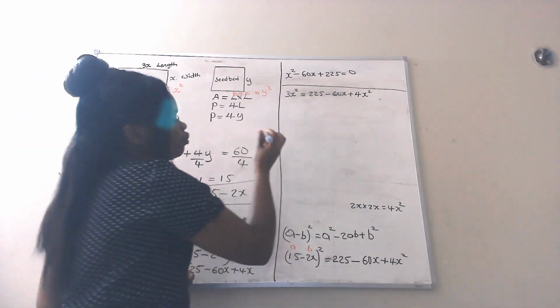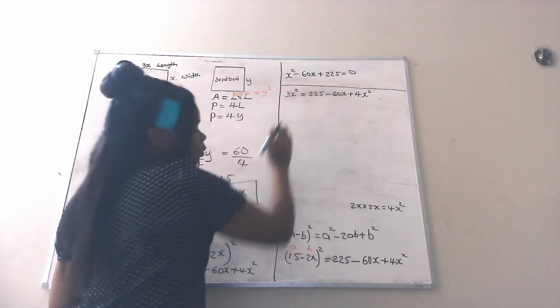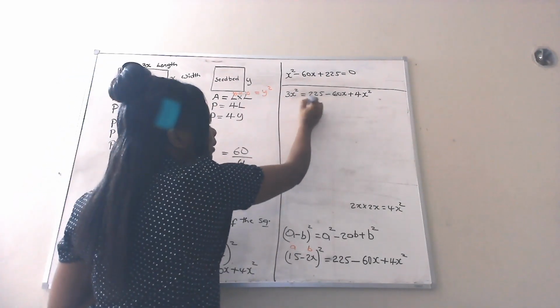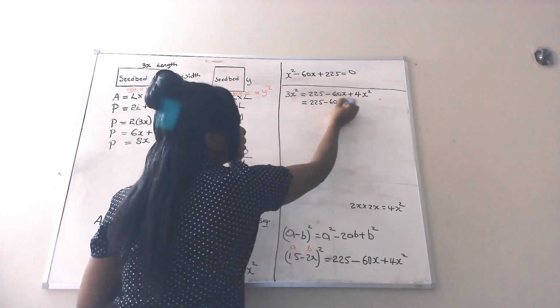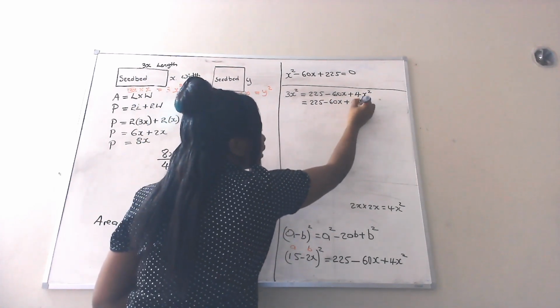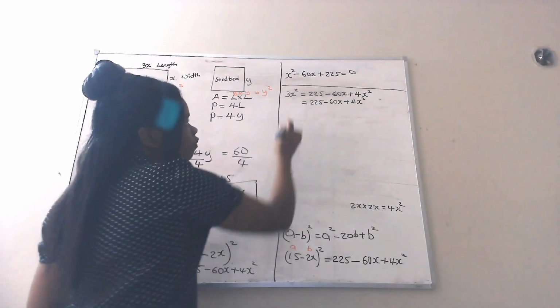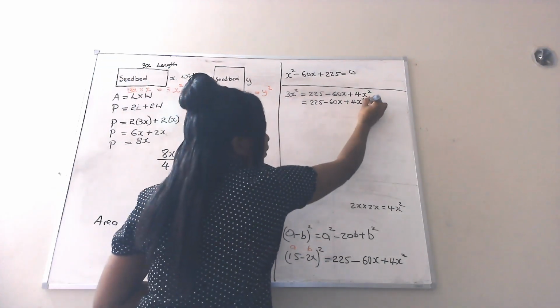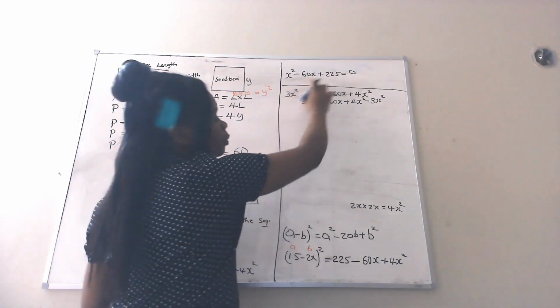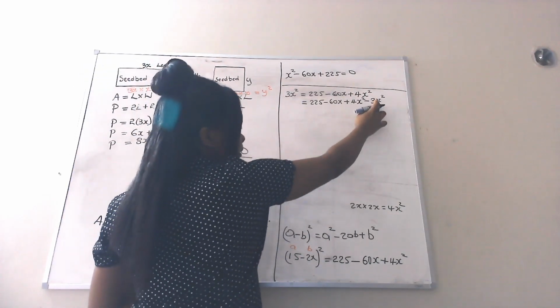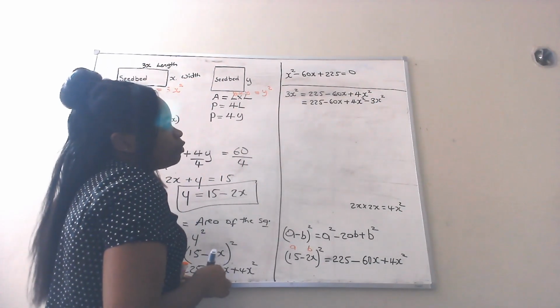On the right, we have 225 minus 60x plus 4x squared, and when we bring over the 3x squared, it's going to become negative 3x squared.